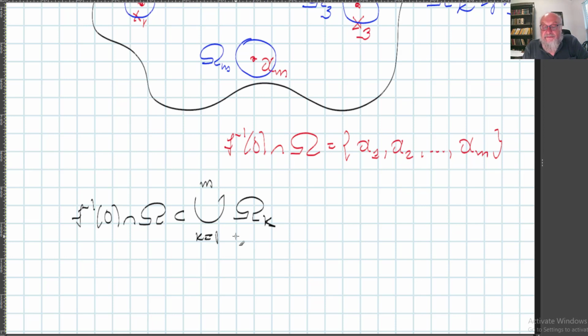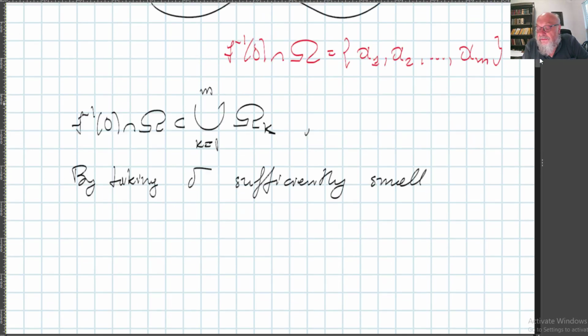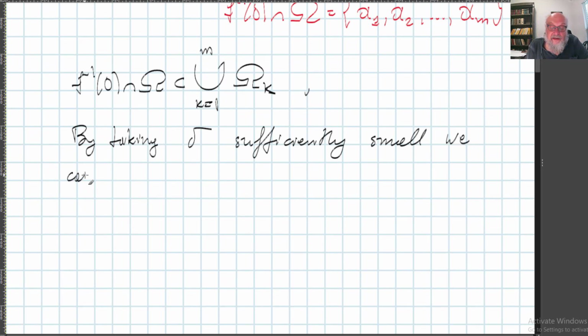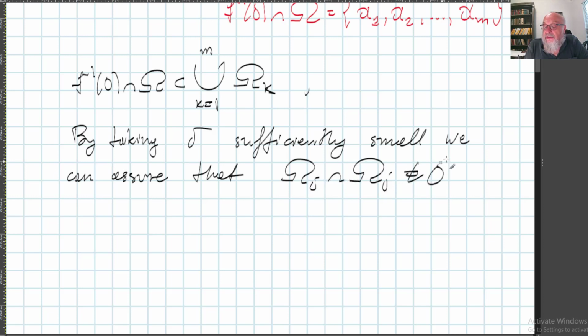Moreover, by taking delta sufficiently small, we can assure that omega i intersection omega j is empty for i different than j.